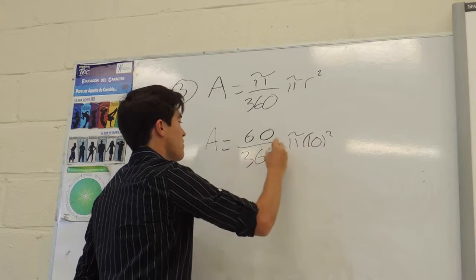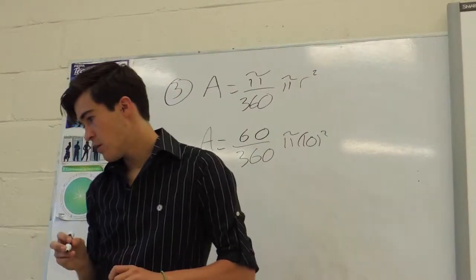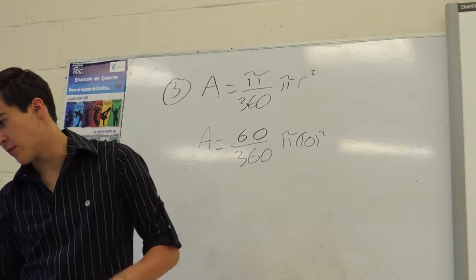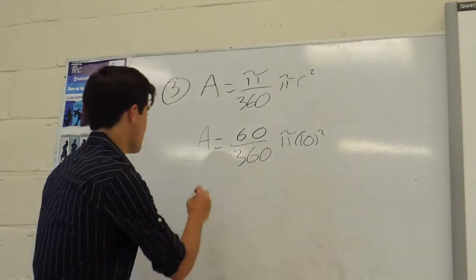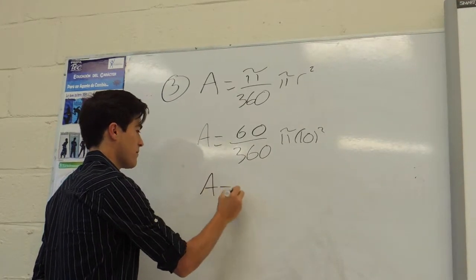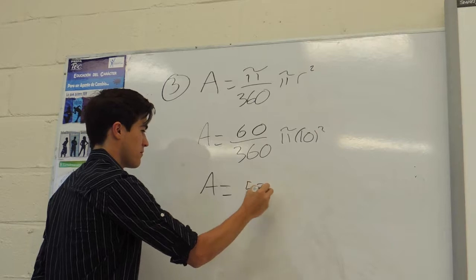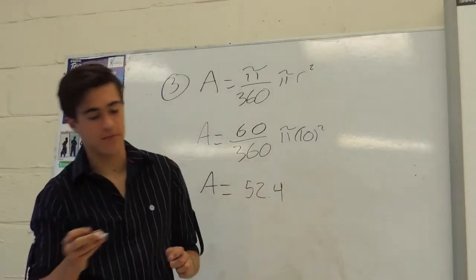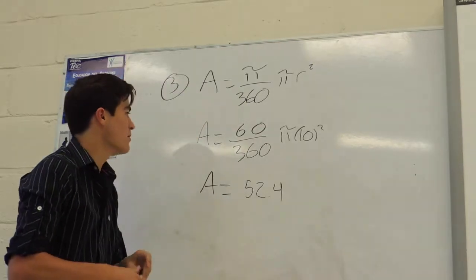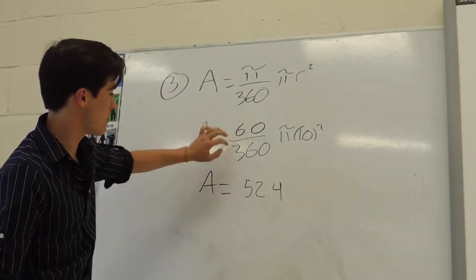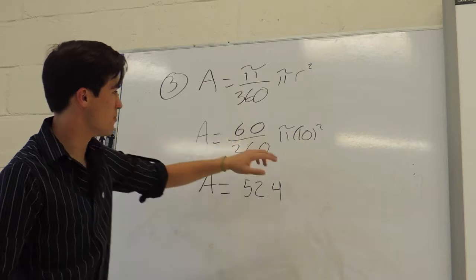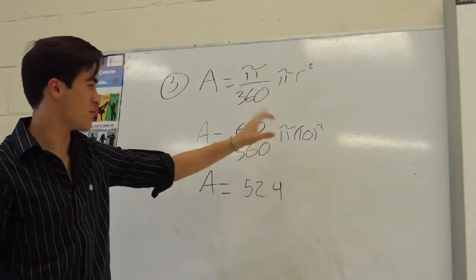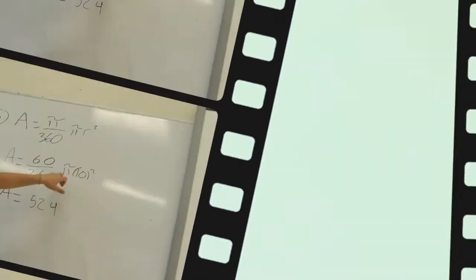So we do the procedure with our calculator, and you divide 360 by 60, you multiply 100 by 3.1416, and you get that.